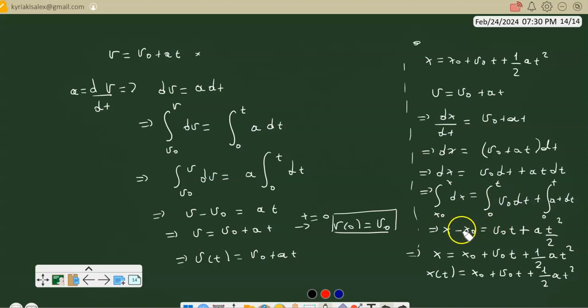Then I can compute the integral at the left-hand side and the two integrals at the right-hand side. So I can solve with respect to x and have a relationship for the position given the initial position, the initial velocity, the acceleration, and of course time.